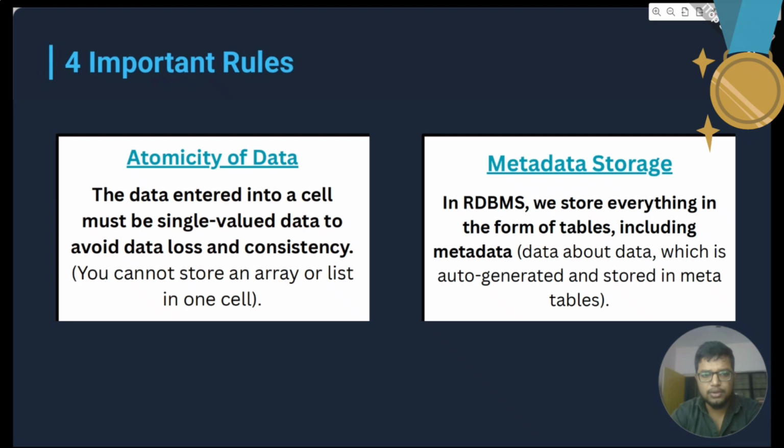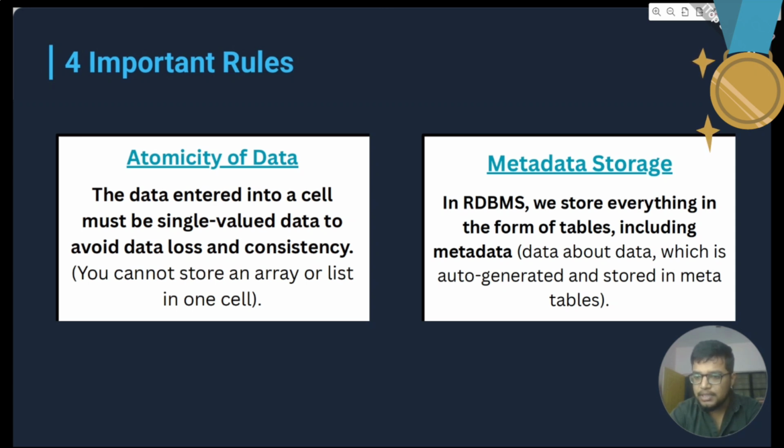First rule: the data entered into a cell must be single value data to avoid data loss and inconsistency. Let us assume one table is there, with one person's name, Alan, and in place of a mobile number I enter two mobile numbers.